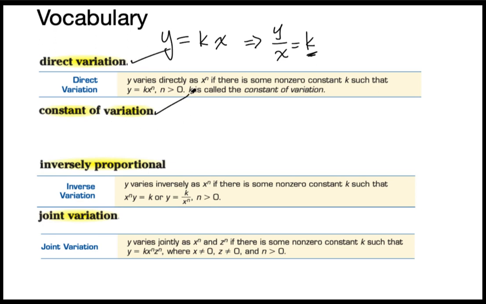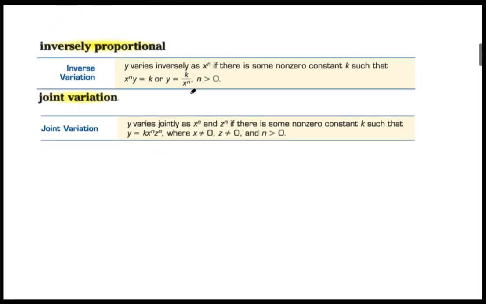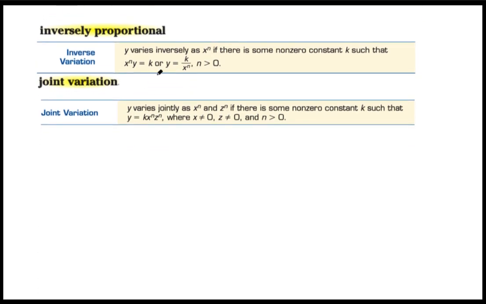Let's go ahead and look at the concept of inverse proportionality. We have inverse proportionality when y is equal to k divided by x. Remember, before we had x multiplying k, here x is dividing k.